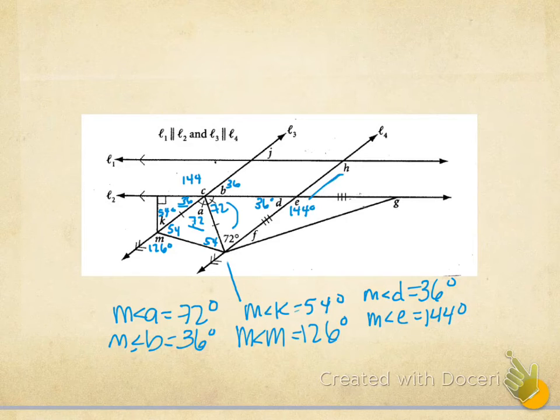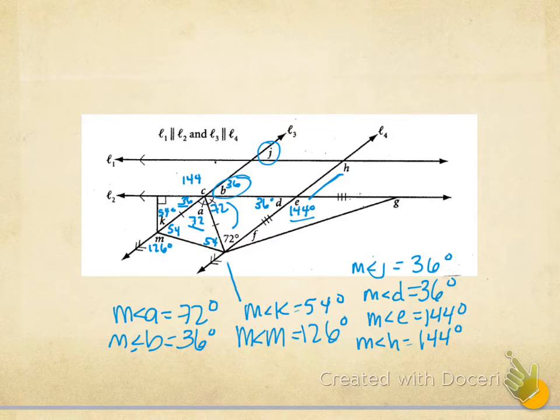These are corresponding angles. Corresponding angles should always be the same. So measure of angle H is 144 as well. So J and B are also corresponding. So we could say the measure of angle J is whatever B was, so 36. So all we have left to find is F and G.